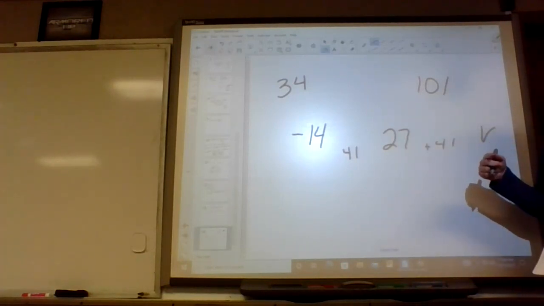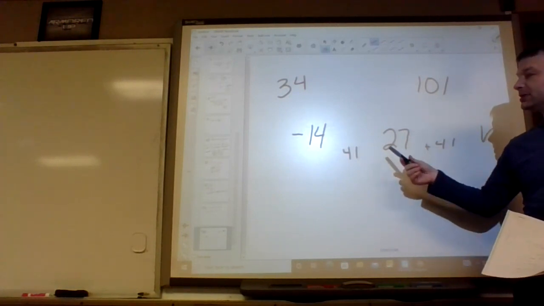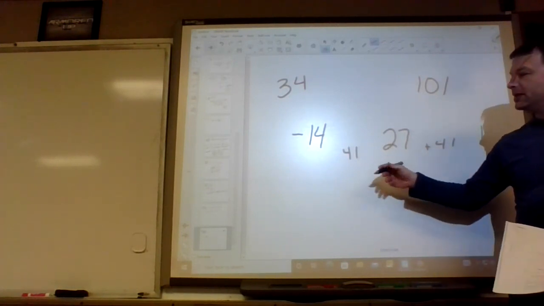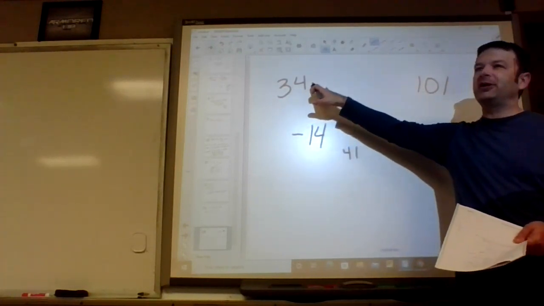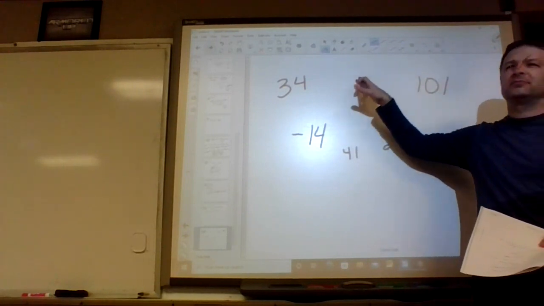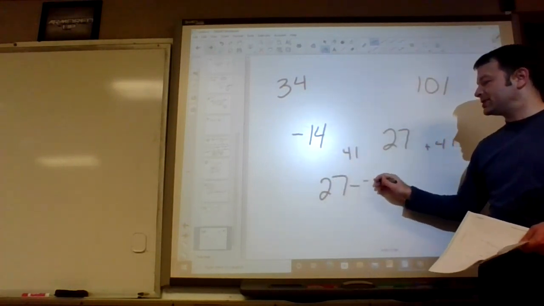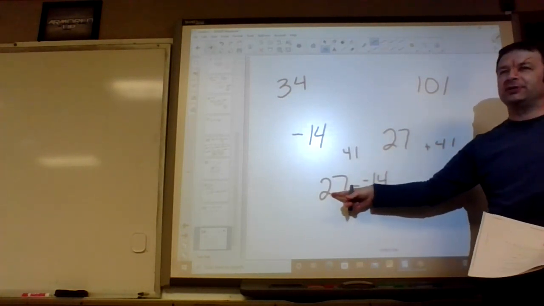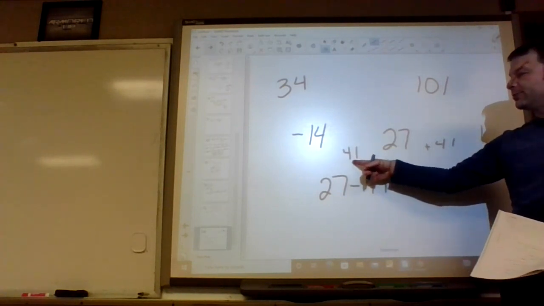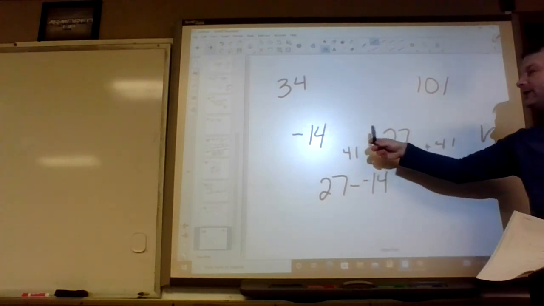That's what I was saying. Another way to find the length between, like how would I find the distance from here to here? Subtract. We could have subtracted on this one also. 27 minus negative 14 is basically 27 plus 14, which is 41. Yeah, we did that back in the chapter.